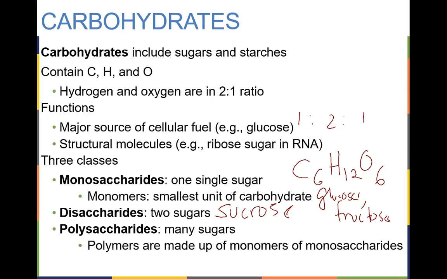Now we can store carbohydrates in our body in the form of glycogen. Glycogen is a long chain of simple sugars like glucose linked together, maybe 1 million glucose molecules linked together, and we store that in our liver. Now, plants don't do that. Plants store their long chains of glucose in the form of starch in their leaves and in their roots.